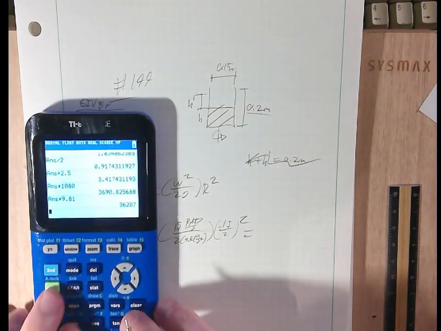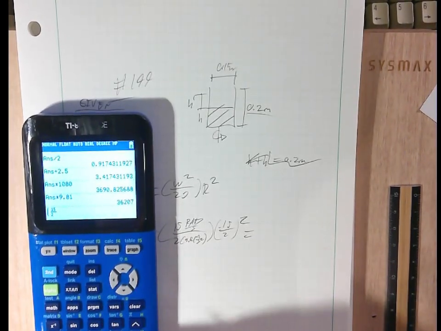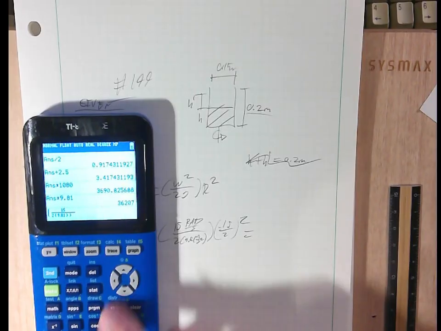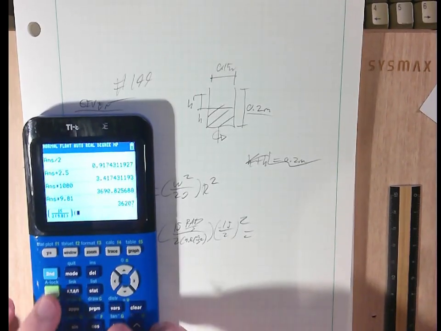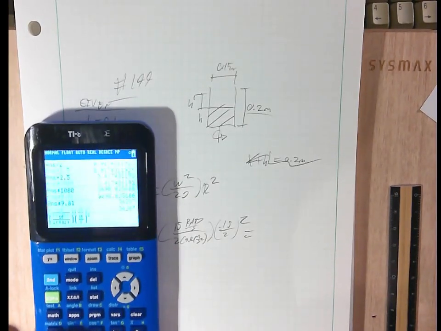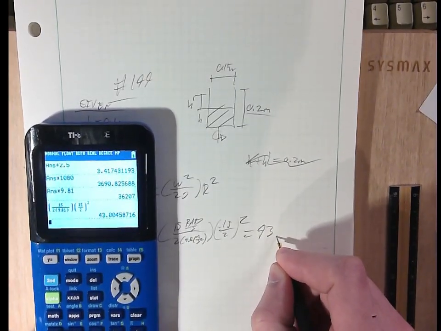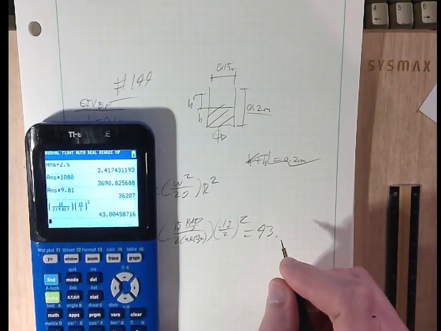So plugging all of this in, we've got 15 over 2 times 9.81 times 15 over 2 squared is 43. Is that right? 43?